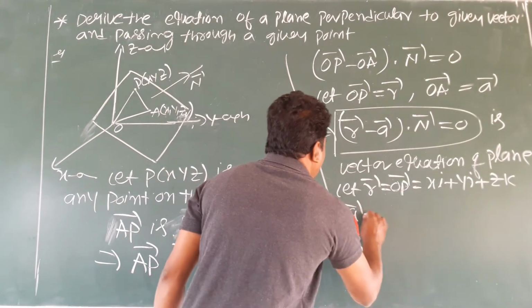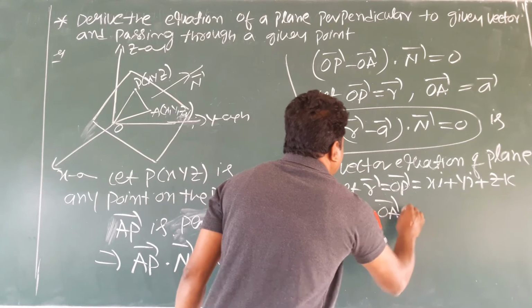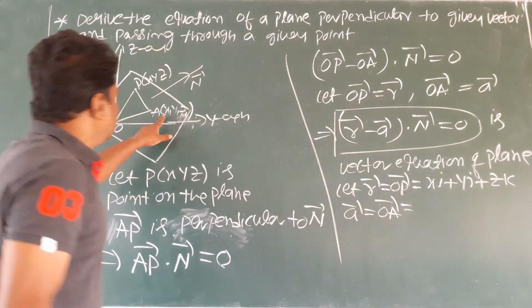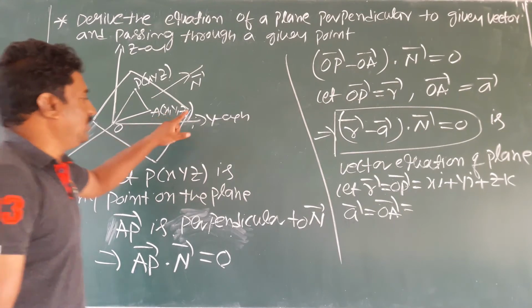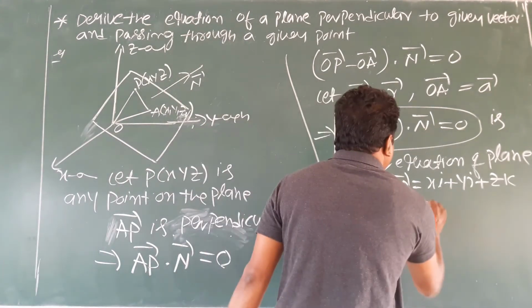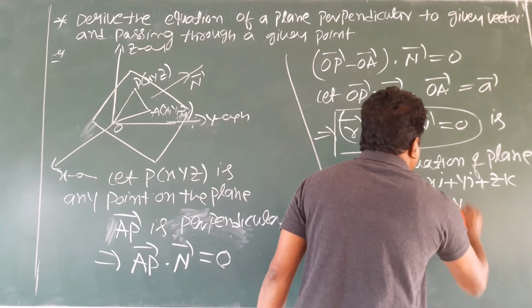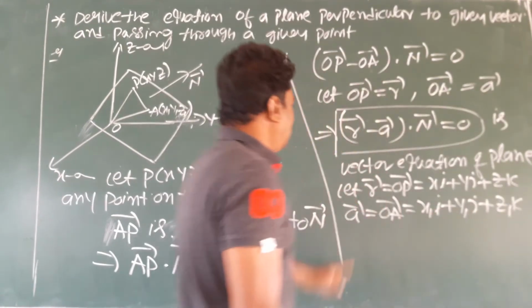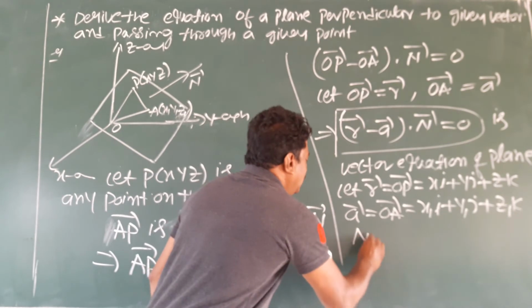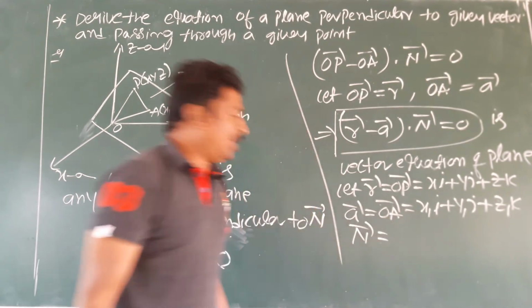Vector a means OA, so OA means point A. Tell me the coordinates of point A: x1, y1, z1, so x1i plus y1j plus z1k. Now write vector n, the normal vector.